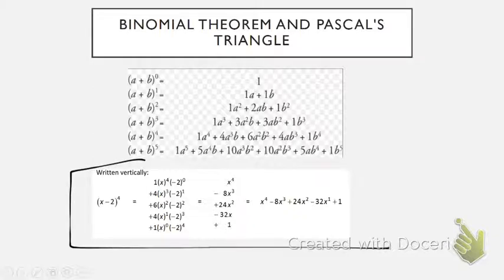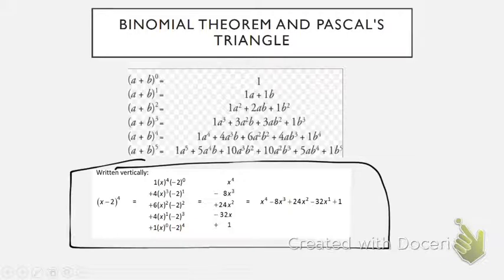This right here, this example was given to you in your packet, and there are several good examples in your packet that you can refer back to. And if you just need practice, that is what it is. The big thing you need to notice is as your A term, you see these exponents right here, 4, 3, 2, 1, 0, as that decreases, your B exponents increase, okay?